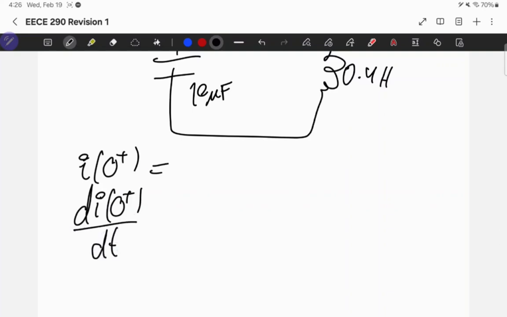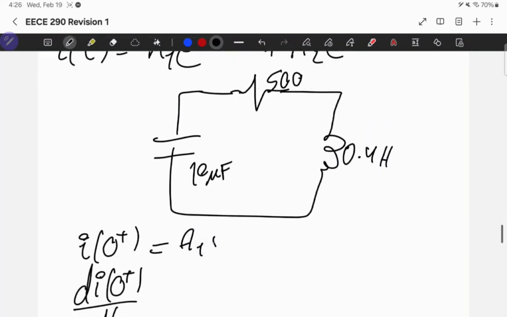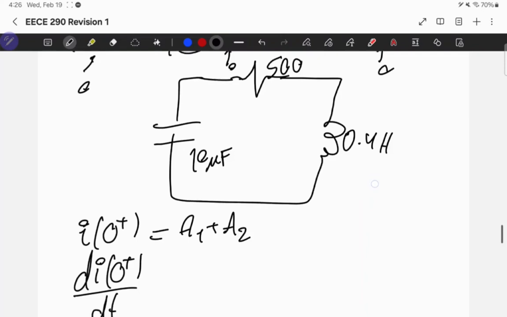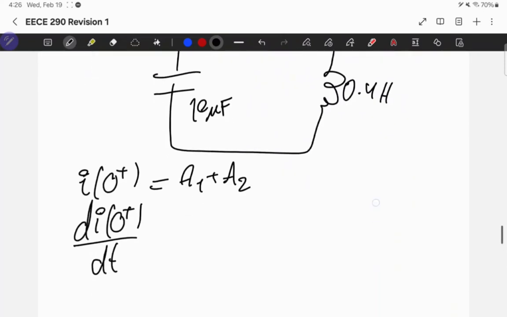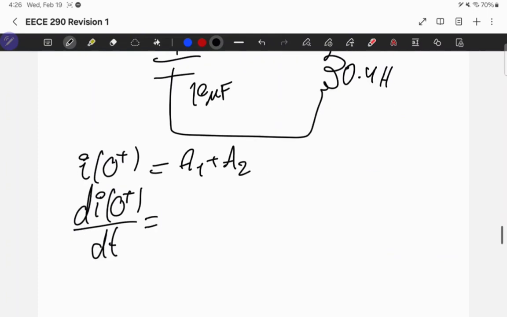Now if I substitute 0 in here, the exponentials are 1, so I get A1 plus A2. And di at 0 plus by dt, from the formula sheet for the overdamped response, is S1 A1 plus S2 A2.